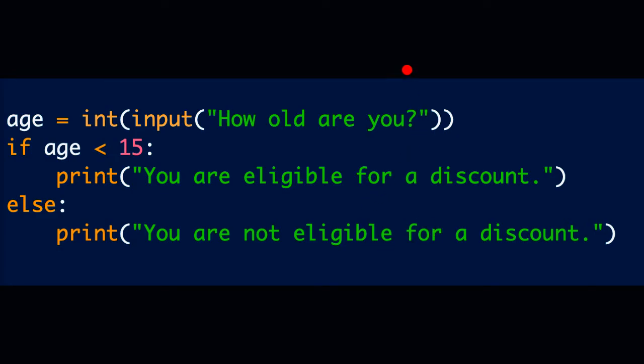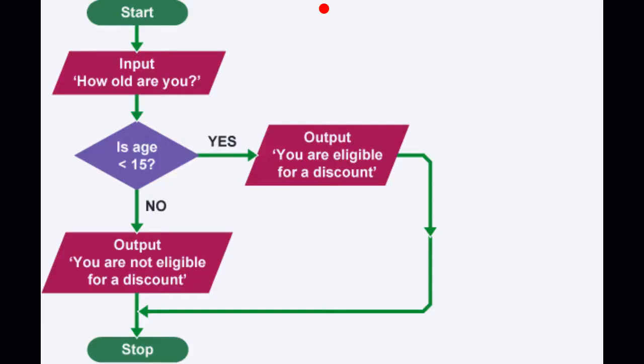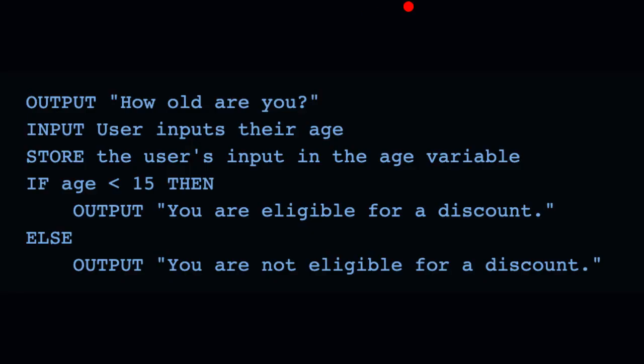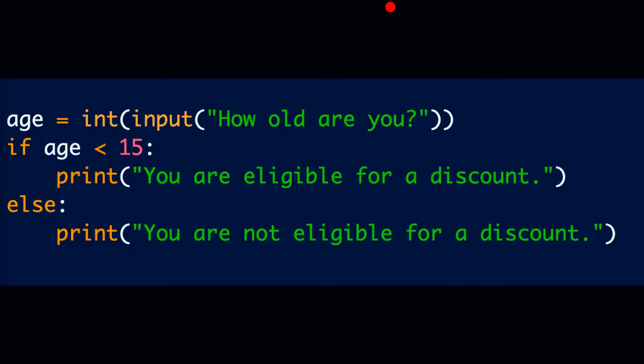It's very, very important. You see the similarity in the connection between flowchart, pseudocode, and the actual code. This is the actual code. And look at the colon. It's very important. And if you save it and run it, then you will get a lot of interesting results out of it.